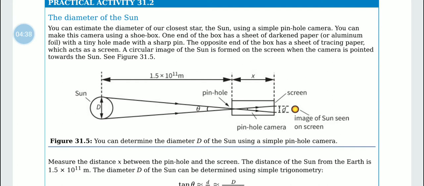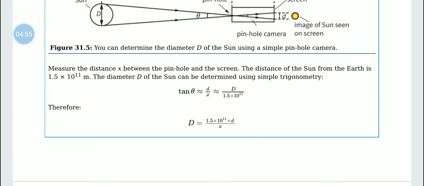By measuring the distance x between the pinhole and the screen, and taking the diameter of the image, we can calculate the diameter of the sun using trigonometry.